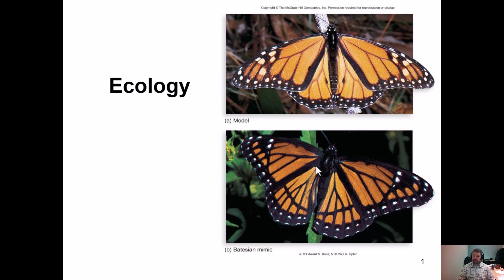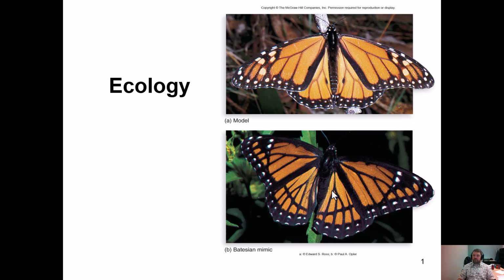They lay their eggs and have caterpillars on completely different plants. But because their color pattern looks like monarch butterflies, birds and other organisms that might be eating butterflies will react to viceroy butterflies as if they're a monarch, and they won't eat them.